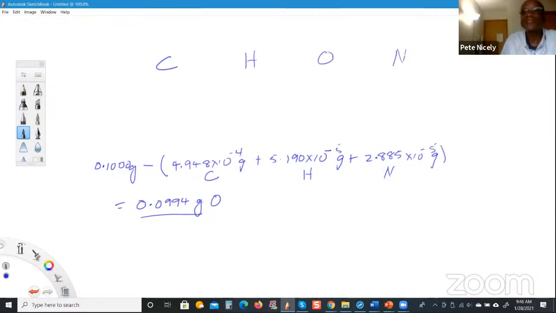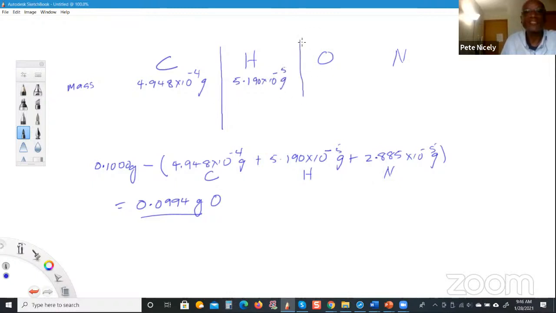All right. So the next step is, as we did before, we set up our table: carbon, hydrogen, oxygen, and nitrogen. Let me just move this up here, create some space. The first row will contain the masses of all these elements. For carbon, it's 4.948 times 10 to the minus 4 grams. For hydrogen, it's 5.190 times 10 to the minus 5 grams.